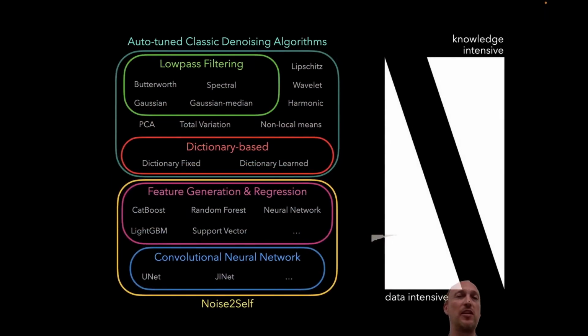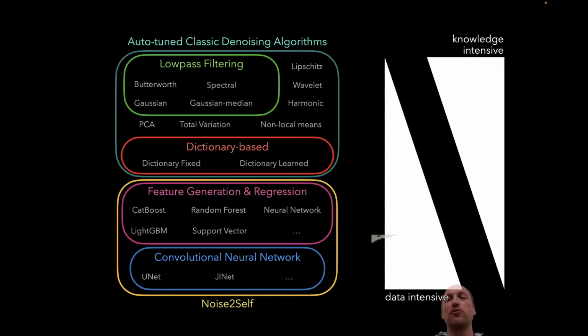One important thing to notice here is that there's definitely still this good spectrum, this gradation between data intensive and knowledge intensive algorithms. It's still there, and that's another reason why you want to have that diversity, because in some cases, if you know something very well about your imaging system, you might not want to throw away that knowledge.